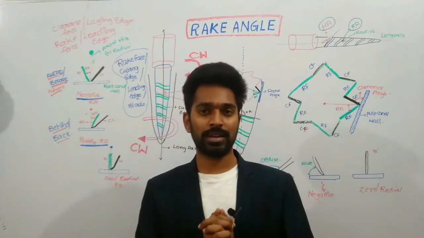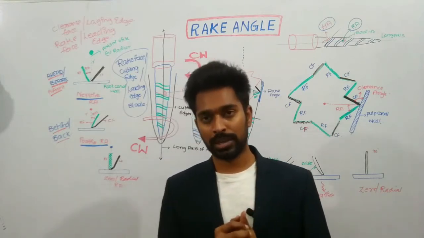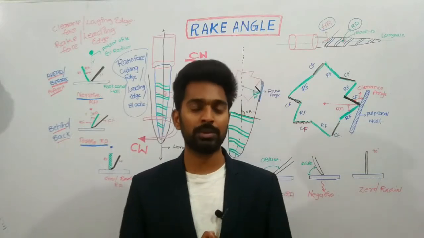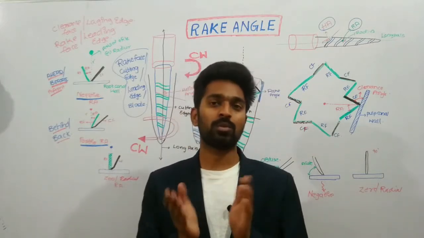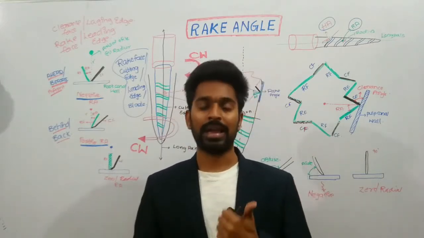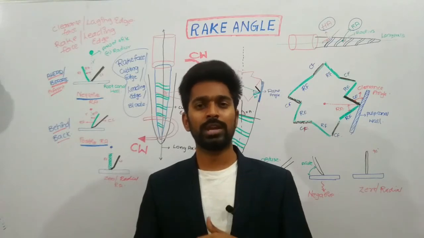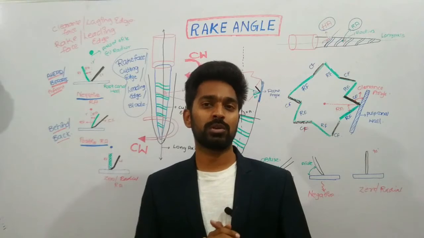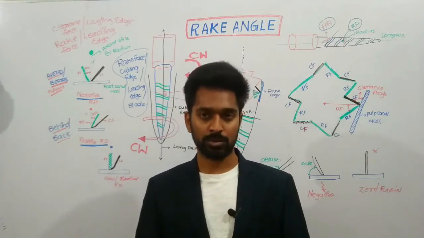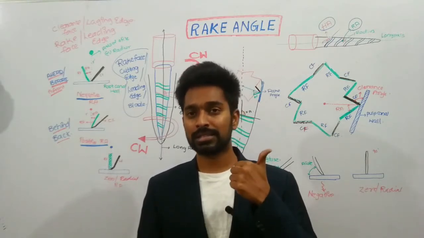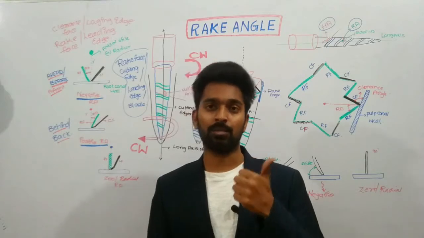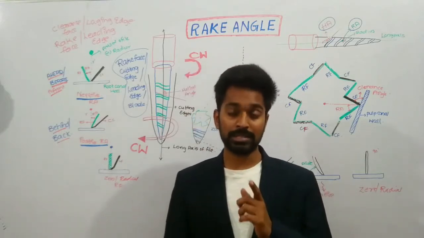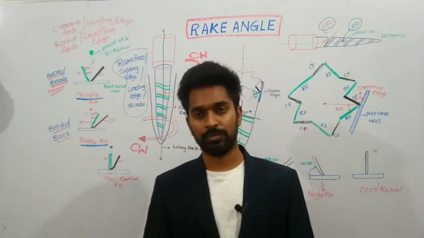You need to understand what is the use of positive rake angle, what is the use of negative rake angle, and what are the drawbacks of positive and negative rake angle. Actually, a positive rake angle is directly proportional to the cutting action of the file. Suppose the bur or a rotary file has a positive rake angle, it means it has more cutting efficiency.